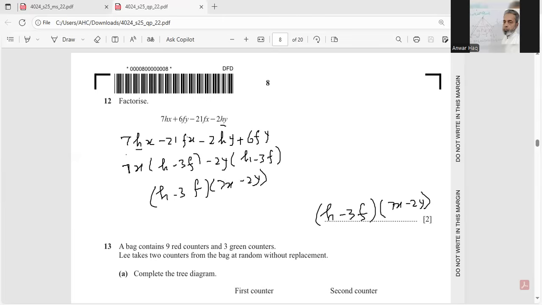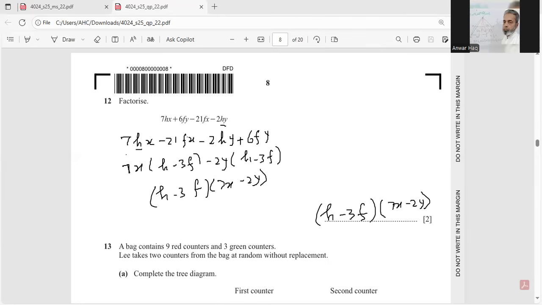For the next, if first he took a red ball, then one ball from red will decrease and one from the total will decrease. So here you will write 3 over 11. Second will not change. Now if we take green, red will not change, 9 over 11, and green will be 2 over 11. This is all about the tree diagram.